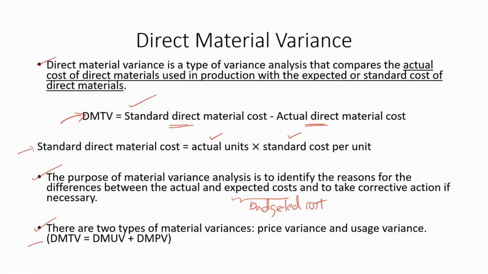So simply, the direct material total variance is equal to direct material usage variance plus direct material price variance. Now let's do an example question so you can understand what the direct material total variance is. After that we will discuss each of these variances one by one.